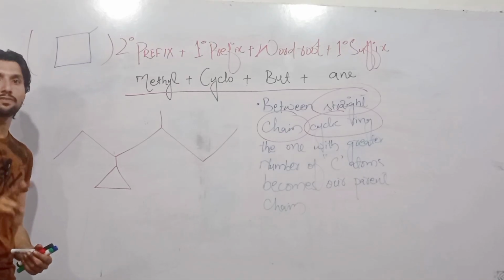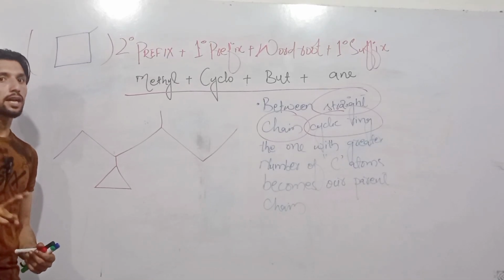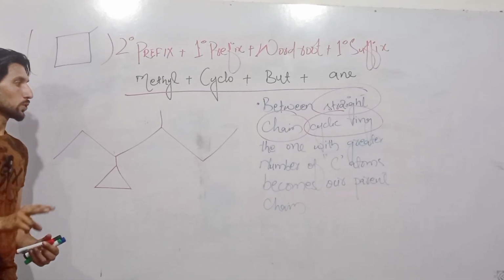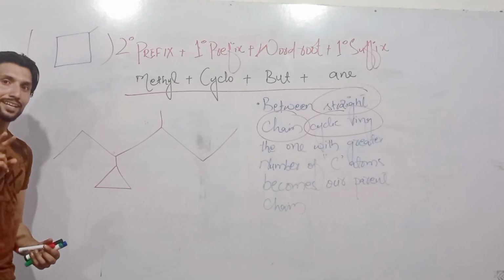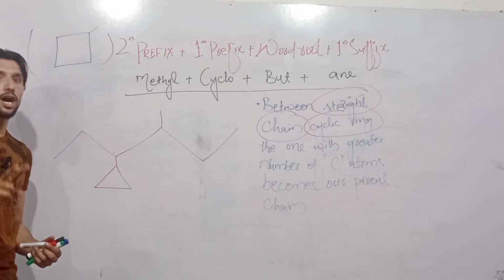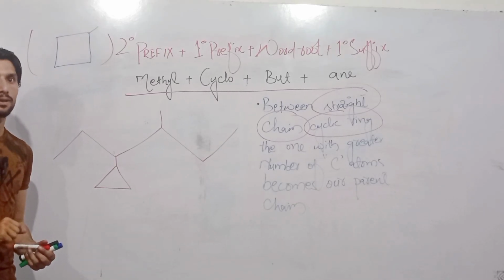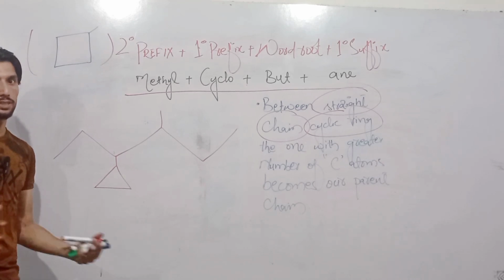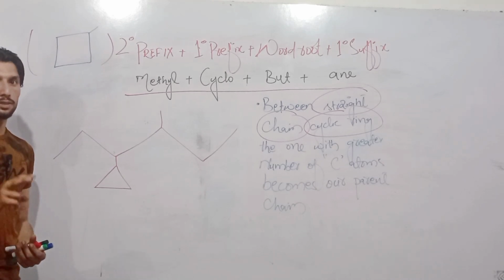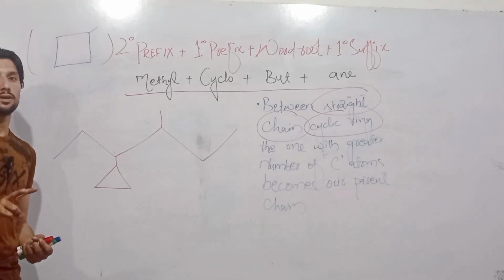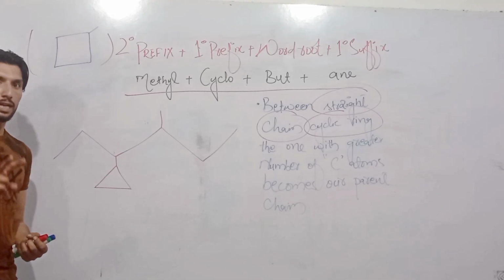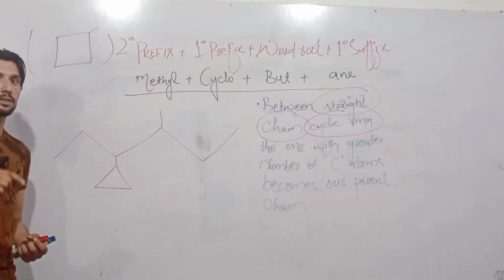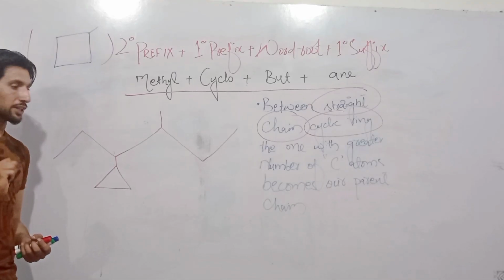And if both have an equal number of carbon atoms and no substituent attached, then the cyclic one would be the parent chain.